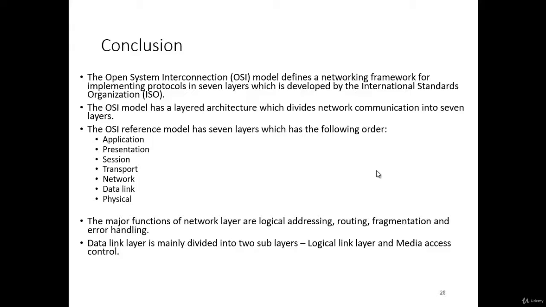The OSI reference model has 7 layers in the following order: application, presentation, session, transport, network, data link, physical. The major functions of the network layer are logical addressing, routing, fragmentation and error handling. The data link layer is mainly divided into 2 sublayers: logical link layer and media access control.